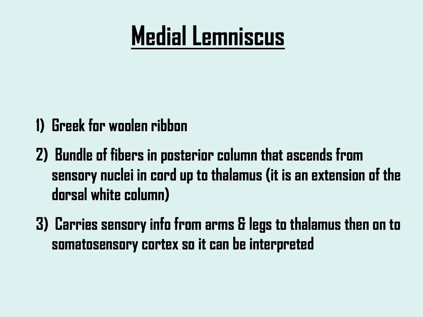It ascends, which means it goes up from sensory nuclei in the spinal cord, and it goes up to the rhombencephalon, and it ends in the thalamus. Its function is to carry sensory information received from the arms and the legs to the thalamus.